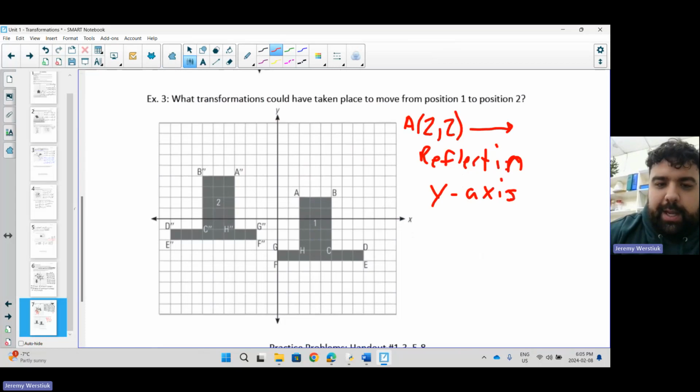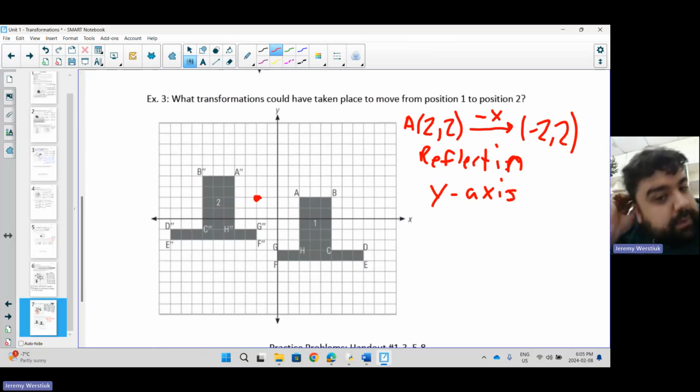If I reflect in the y-axis, the only thing that's going to change is I get a negative x value for my coordinate. So this would map point A to -2, 2. So that point A would go over here based on my reflection in the y-axis.